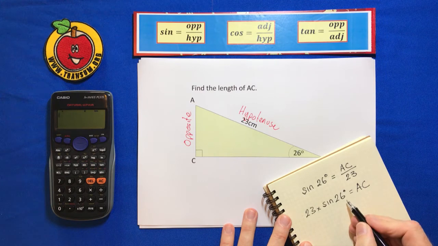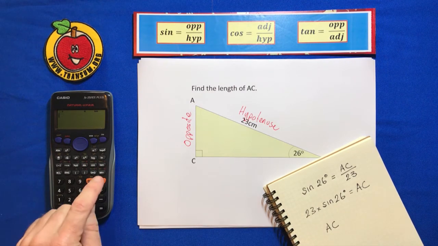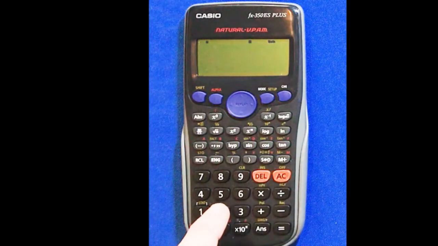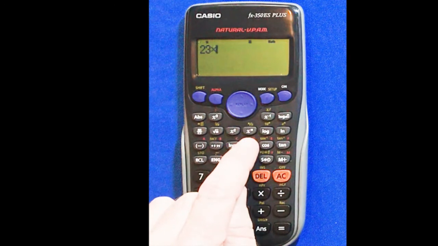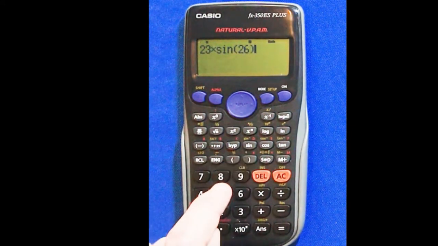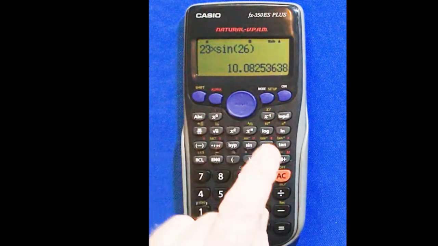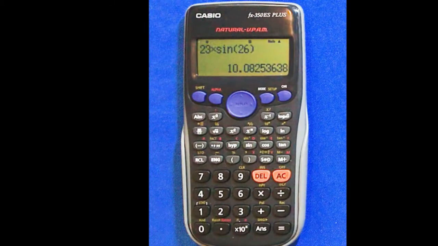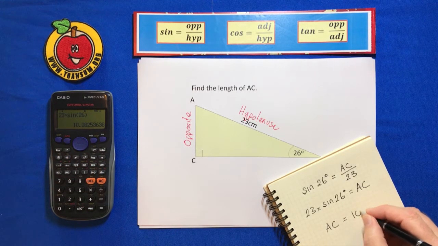That's going to be done on the calculator, and here we go. Let's clear anything that was there. So 23 multiplied by the sine, and it's open brackets ready for the angle, and the answer is 10.08 something, so I'm going to put that as 10.1.